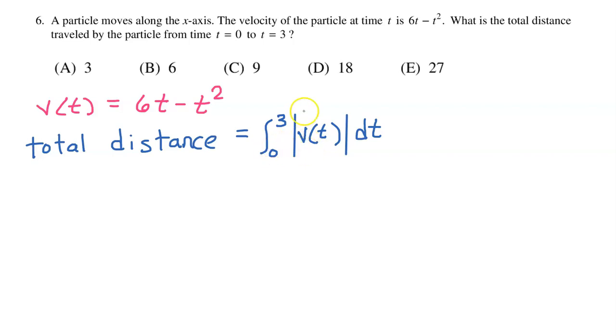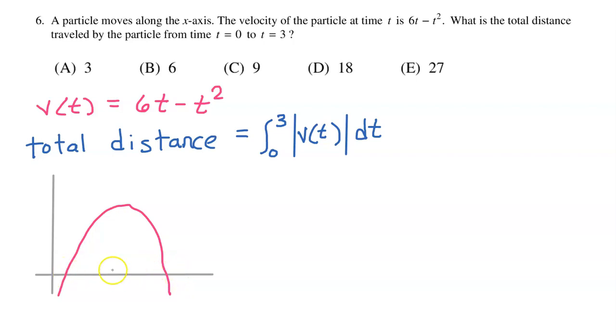For integrating the absolute value of something, I find it easiest to look at the graph. What does the graph of v of t look like? I can tell by the t squared that this is some type of a parabola. The fact that the squared term is negative means it is an upside down parabola of some type.